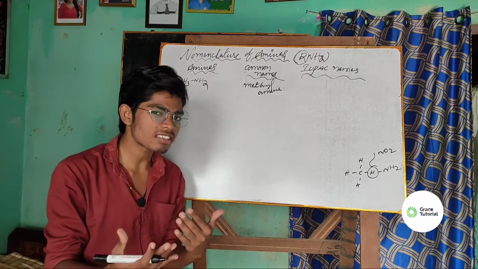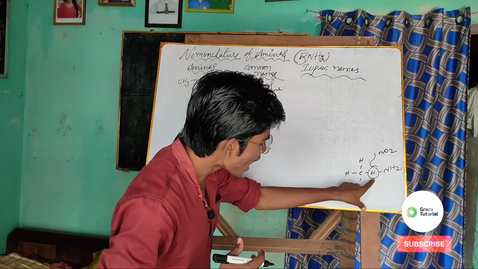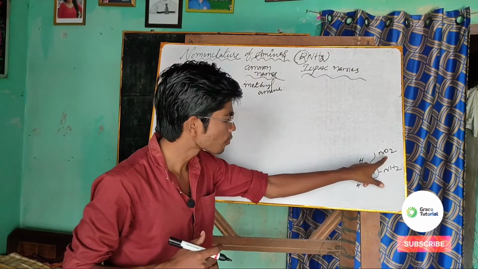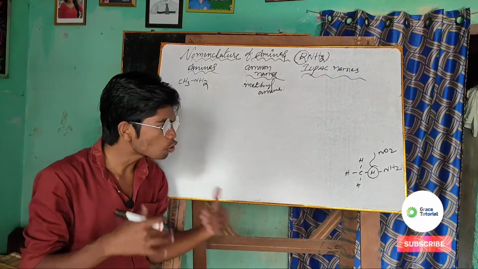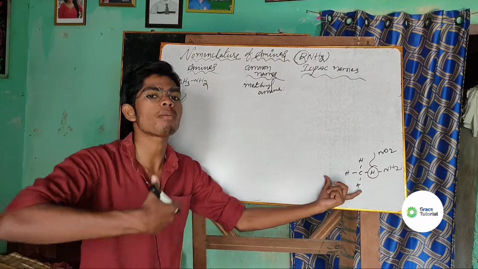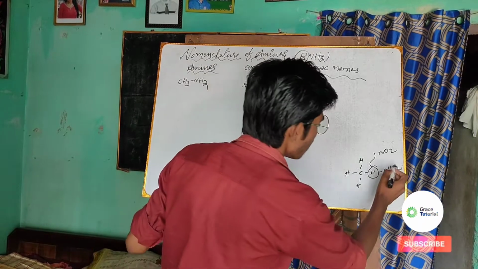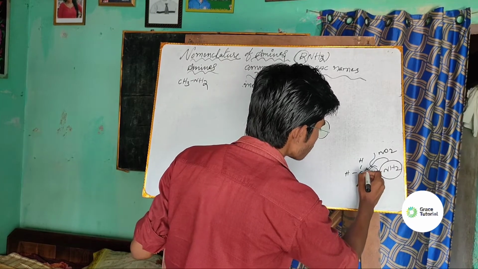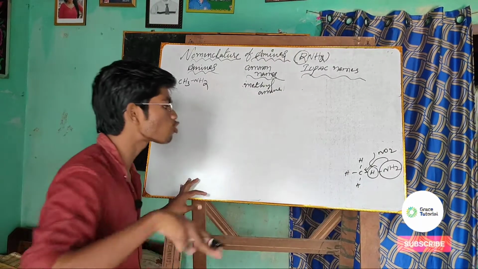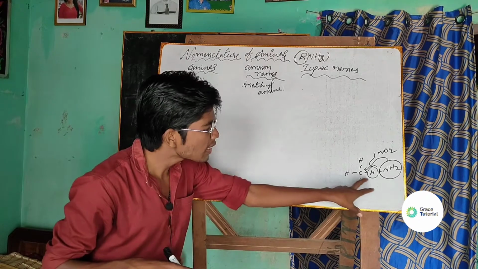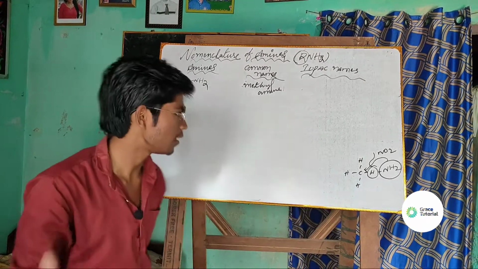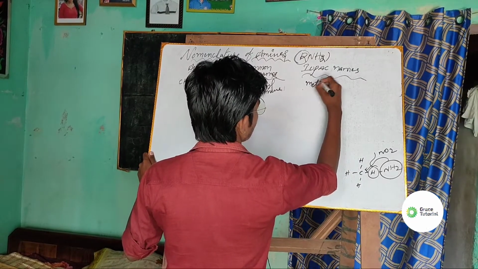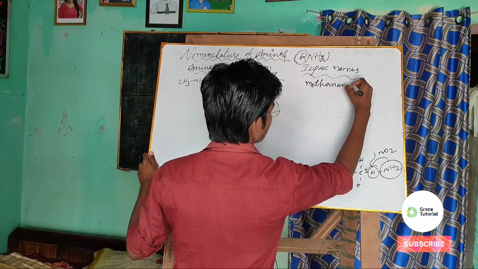Try to understand it very carefully. If the same hydrogen atom of the methane molecule is replaced by a nitro group, how do you name that compound? It is nitromethane. Similarly, if this amine group is placed here, removing this hydrogen atom, then we can say methane plus amine, that is methanamine.